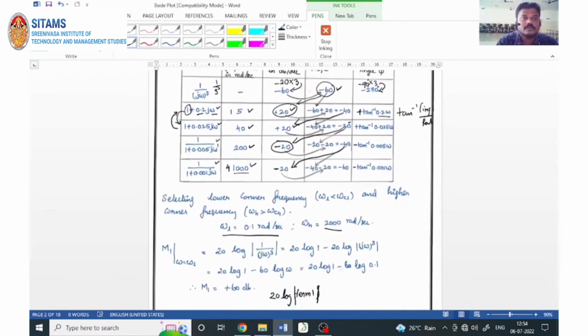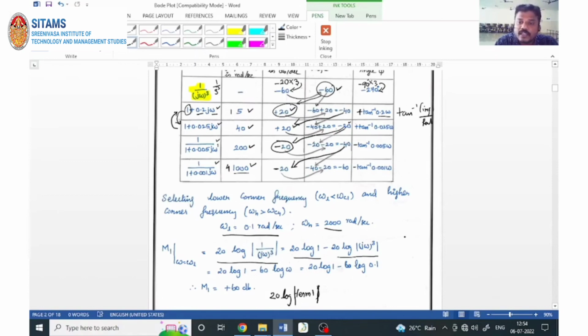This is term 1 in the table, that is 1 by j omega the whole cube. So I have to write this term here: 20 log 1 by j omega the whole cube. And we know log a by b is log a minus log b, so they have written 20 log 1 minus 20 log j omega the whole cube.